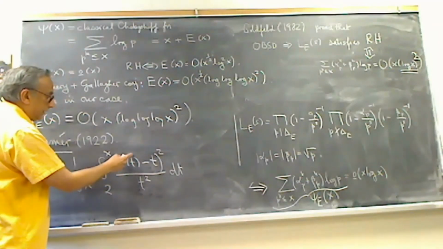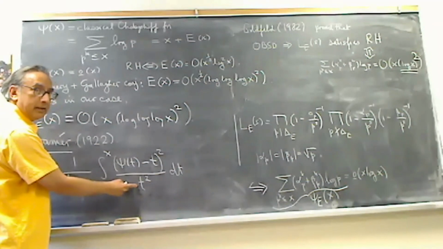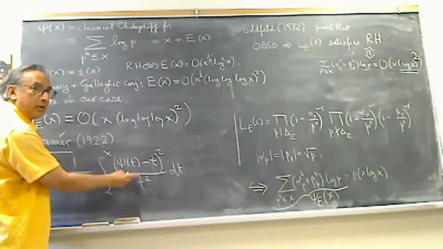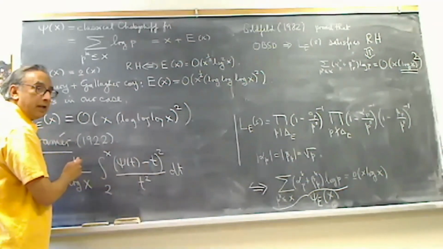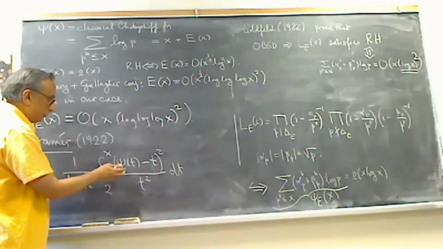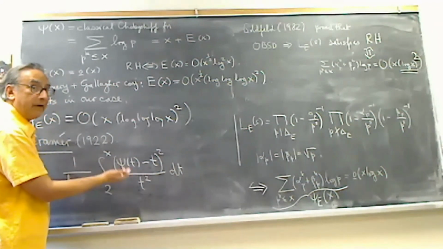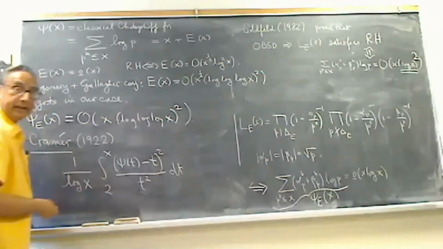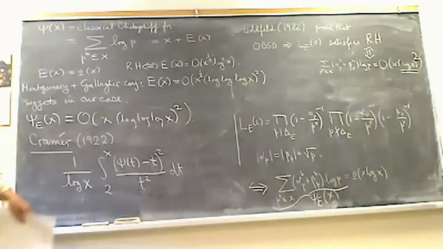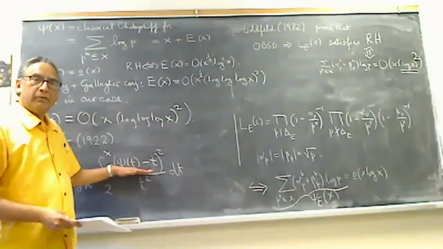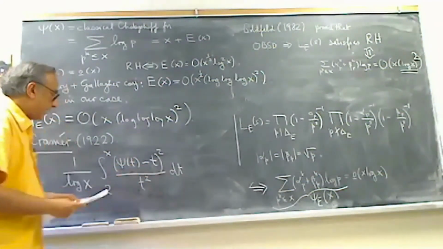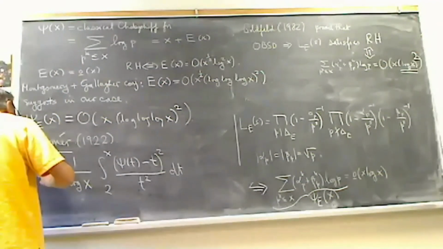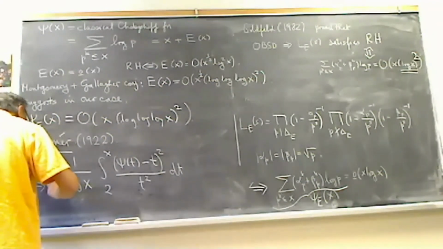One of the t squares cancels, I get a 1 over t and a log t to the 4 on top. Essentially that turns out to be log x to the power 5. When you divide by log x, you would get something that goes to infinity. If you just use the Riemann hypothesis, you wouldn't be able to say this is actually finite. So what he proved is that this tends to a finite limit.